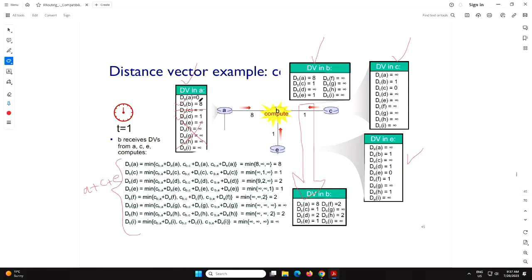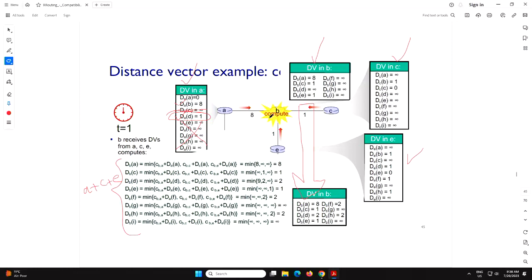So only 2. So look at the first one. A is saying I can go to B with 8, and B is the node itself. So this is useless information, right? Because this is not relevant. So the only relevant one is this. A is saying I can go to D with a cost of 1.